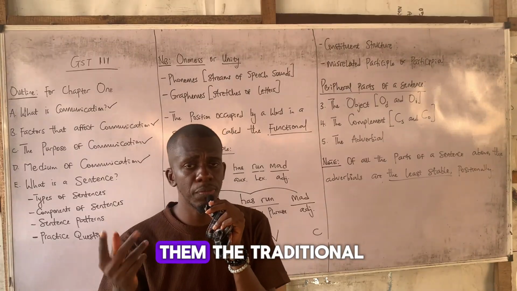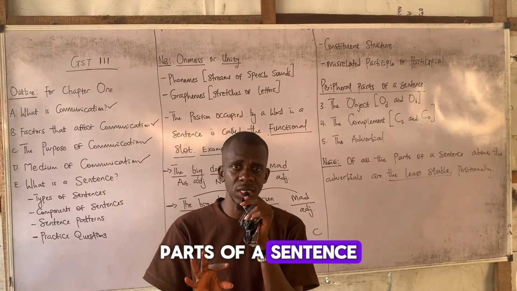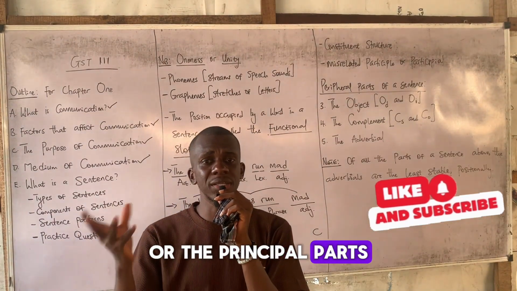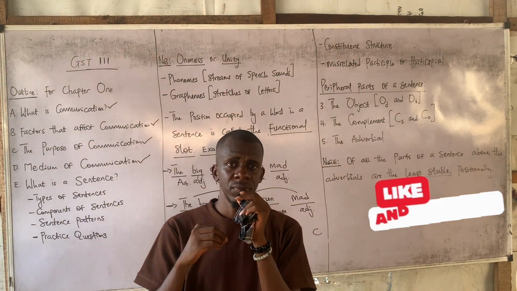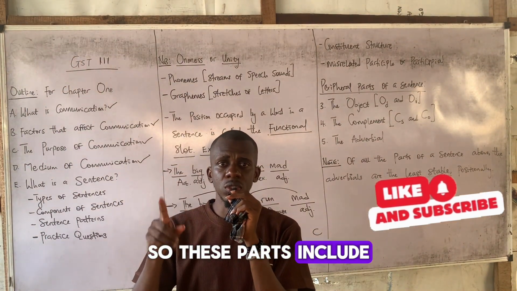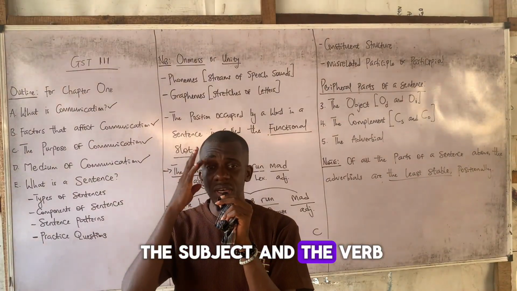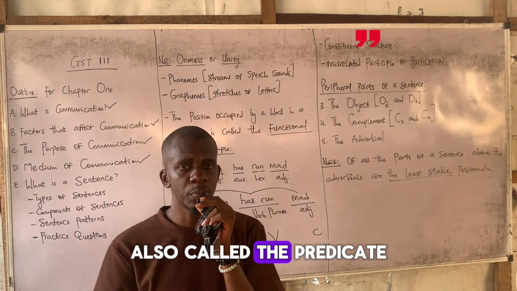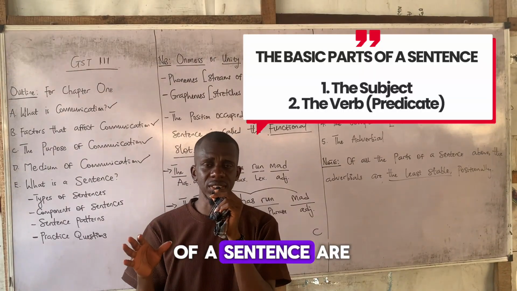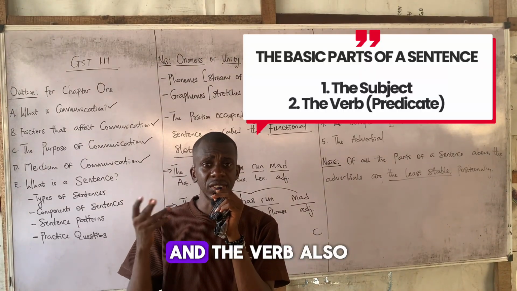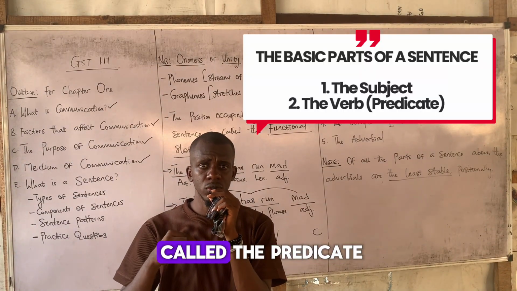We could also call them the traditional parts of a sentence, or the principal parts of a sentence, or the basic parts of a sentence. So these parts include the subject and the verb, also called the predicate. The two main parts of a sentence are the subject and the verb, also called the predicate.